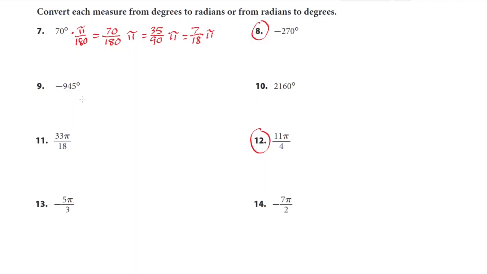On number 9, go ahead and pause and try that one. So this one is negative 945 degrees. Doesn't matter how big and ugly the number is, we can still work with it, and we're going to do the same process. Times pi, divide by 180.